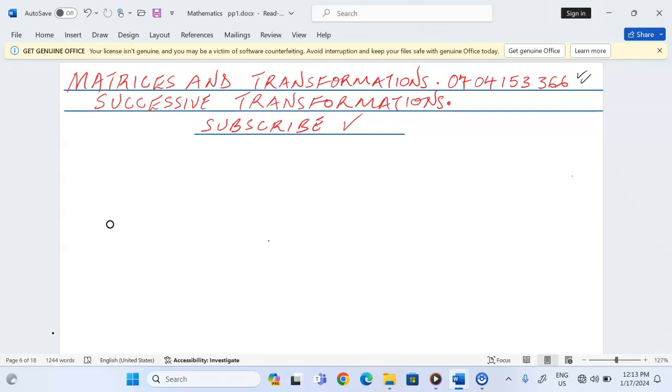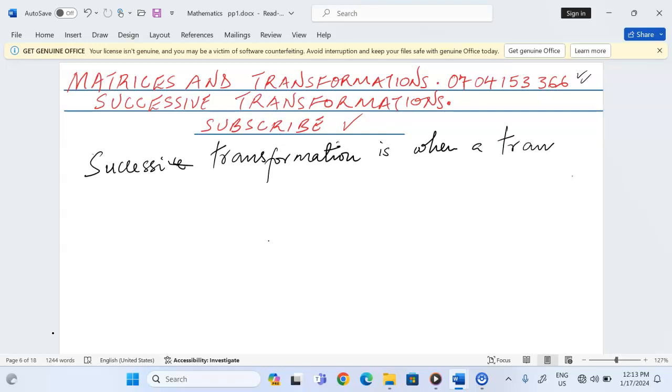When we talk about successive transformations, it's very good to know that a successive transformation is when a transformation is carried out after another.